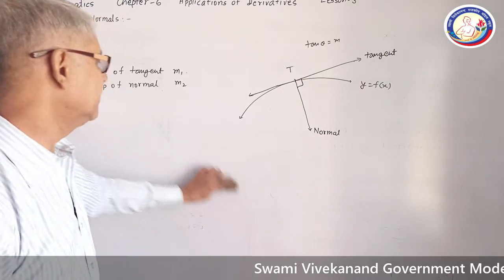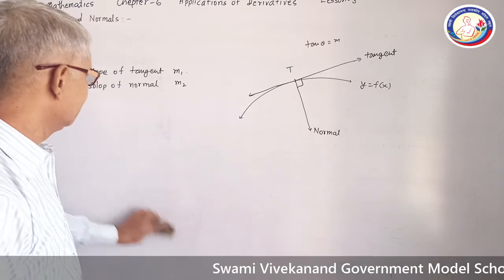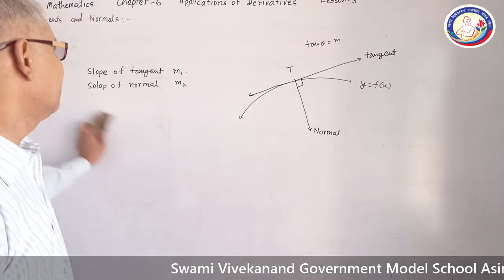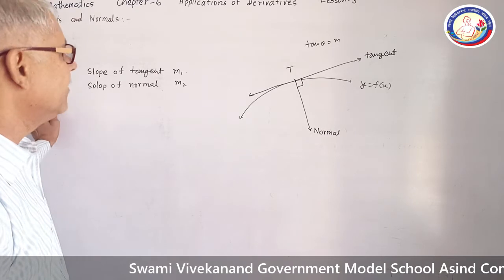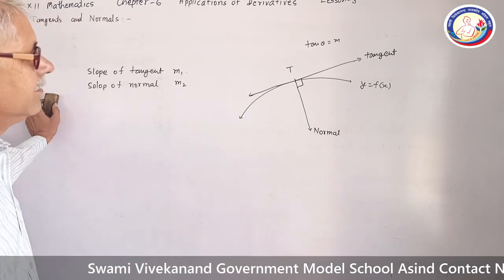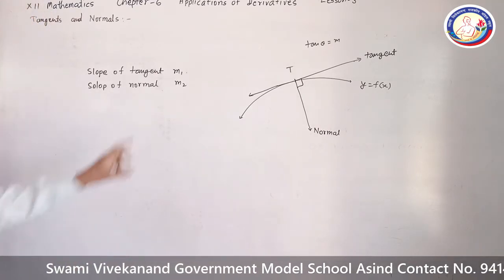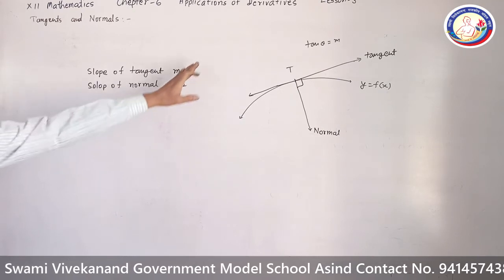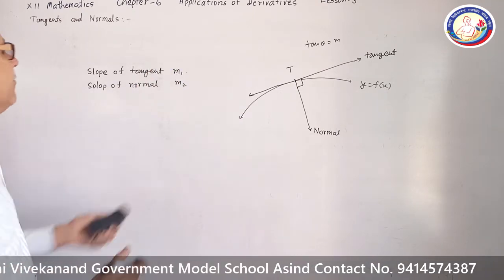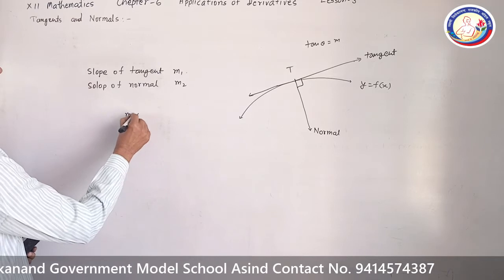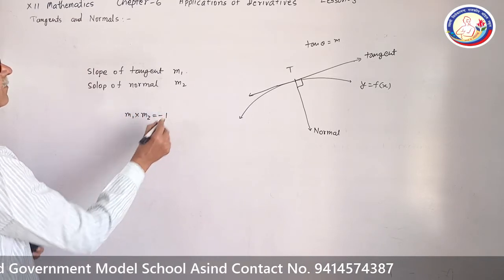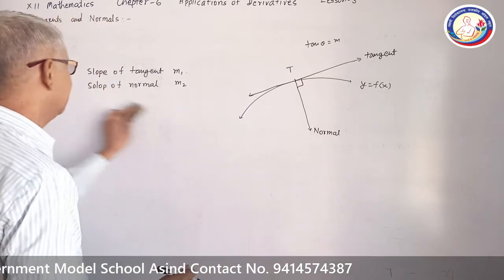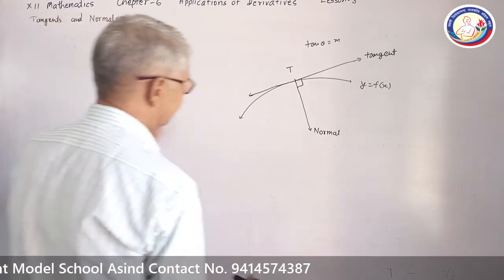So if we have to consider a line parallel to a given line, the slope will be the same. And for a line perpendicular to a given line, we will find the slope by using the formula m1 into m2 equal to -1. So this is all about initial theory.